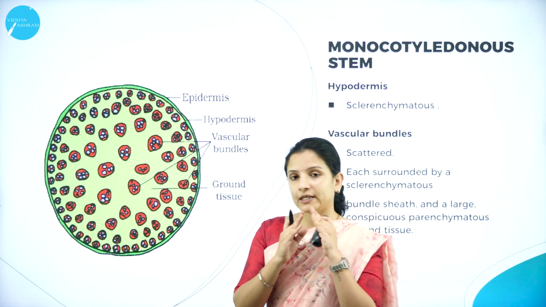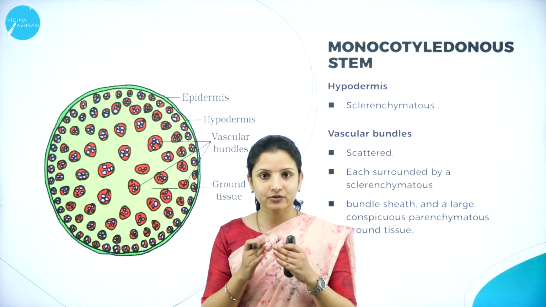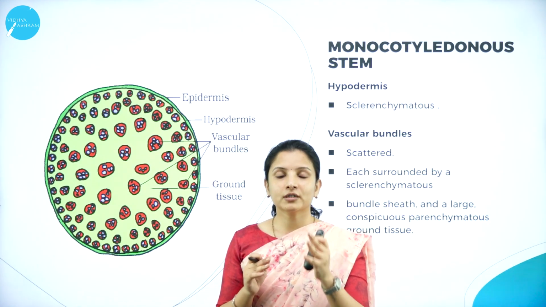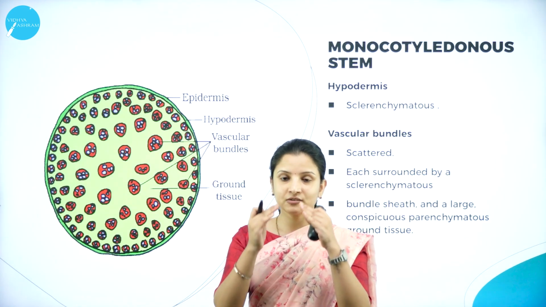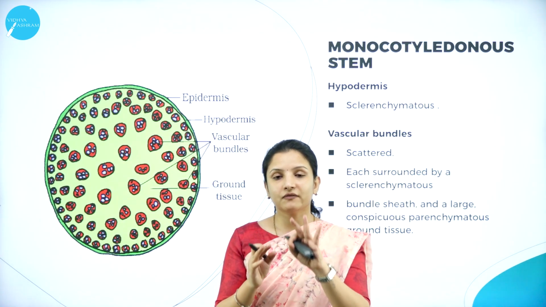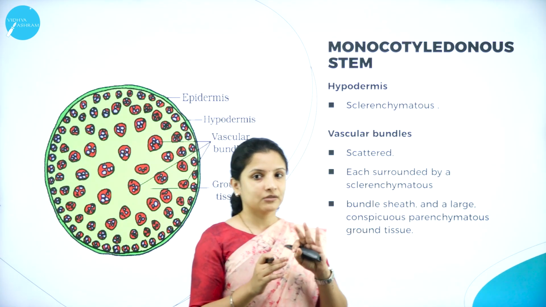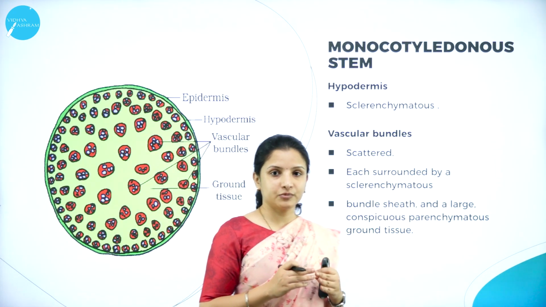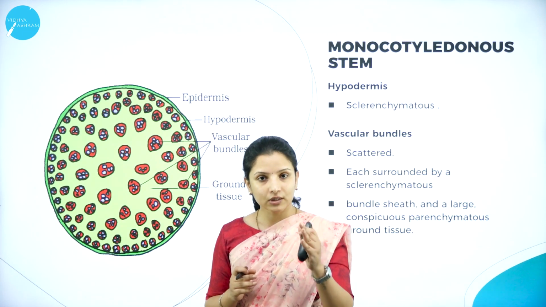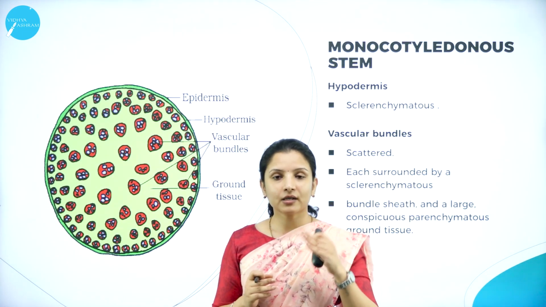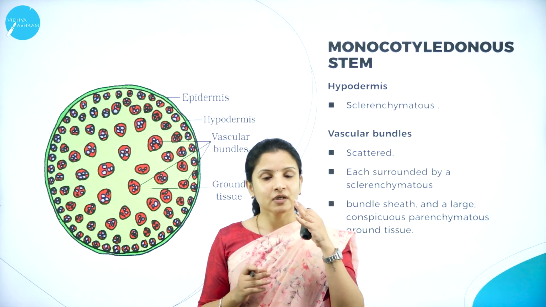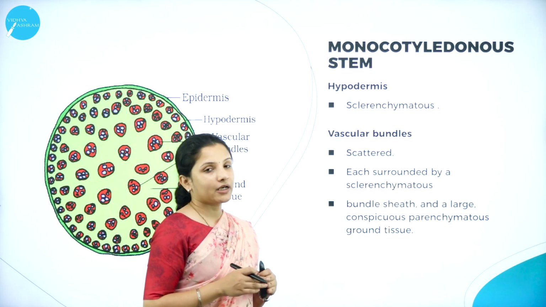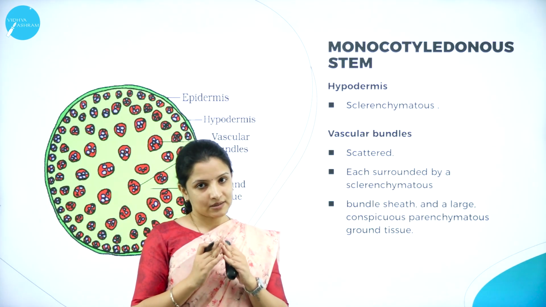And remember, while explaining the dicot stem, I told you that in dicots, the cortex which lies below the epidermis is divided into 3 subzones, right? Similarly, here also they are divided into 3 subzones, wherein they have collenchymatous cells, the parenchymatous cells, and the hypodermis, which is made up of sclerenchymatous cells.